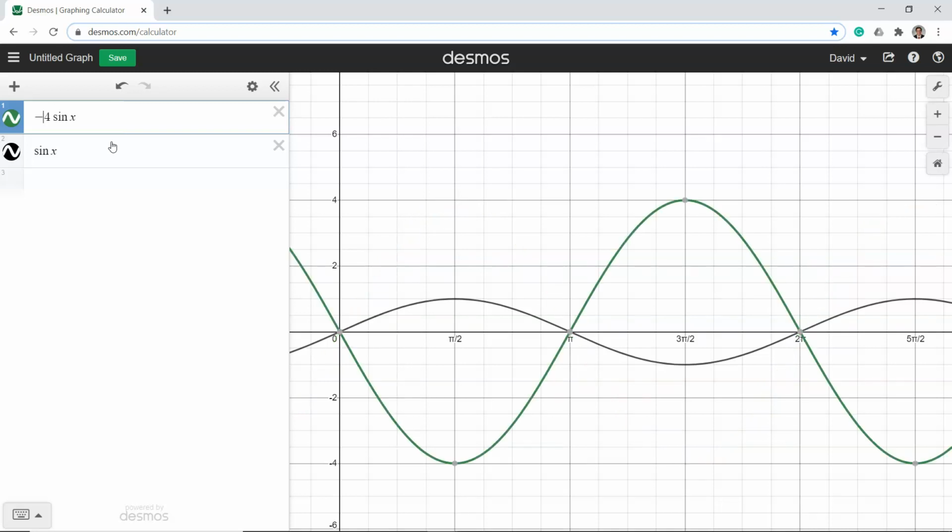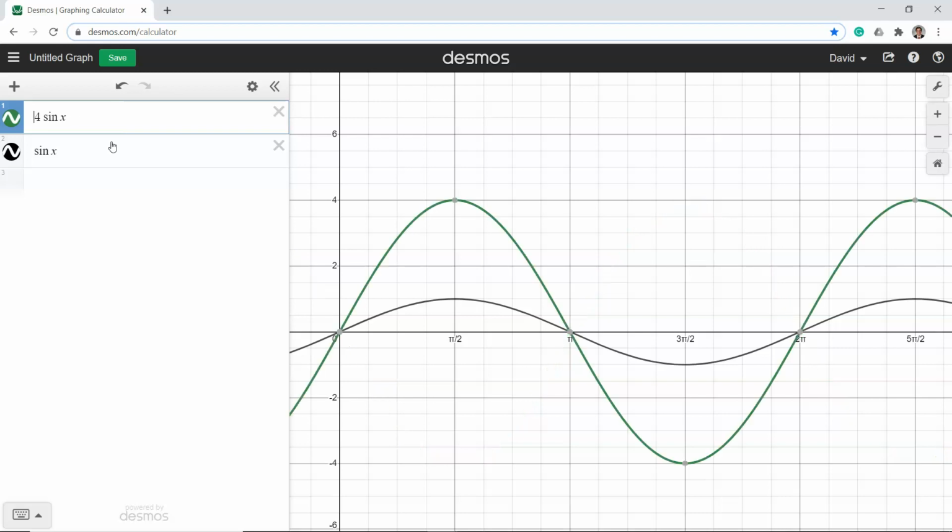So this is the basics of amplitude and what it does to our graphs. When we multiply it by a positive number, nothing changes about the graph except how high and how low it goes, right?